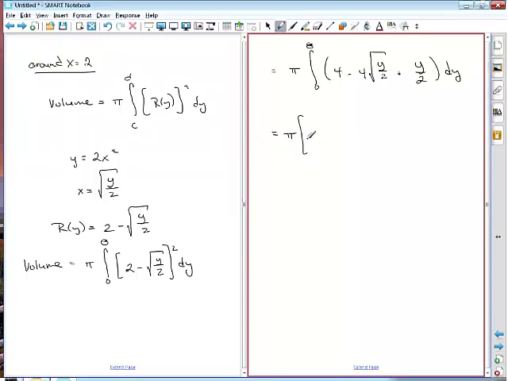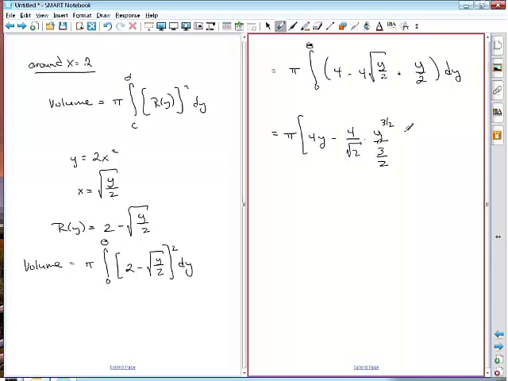The integral of 4 dy is 4y. Here, let's rewrite this as 2 separate terms. So it's the square root of y, and we'll have 4 divided by the square root of 2. That's what we get from these two parts. And then we integrate the square root of y, which is going to be y to the 3 halves divided by 3 halves.